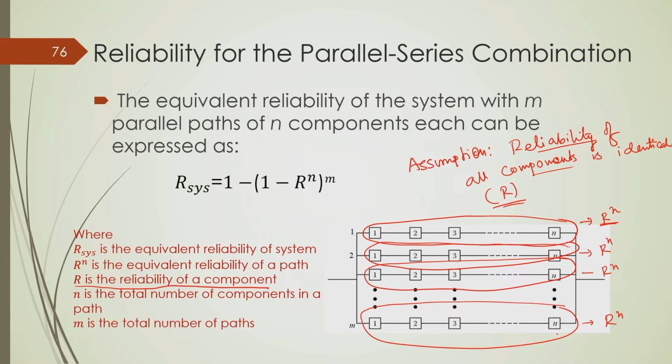So, we have m number of units, and the overall unreliability will be 1 minus r to the power n, to the power m. So, they follow this chain rule or product rule. This gives the unreliability of the overall system, and if you subtract it from 1, then you will get the reliability of the composite system.